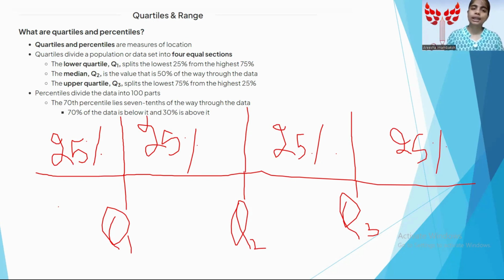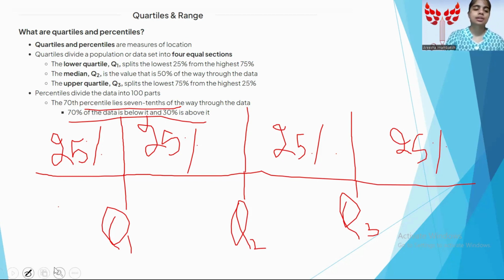That is your upper quartile, and it splits between 75 and 25. For quartile 1, 25% of values are below quartile 1, your lower quartile, and 75% are above. And if there is a percentile, say the 70th percentile, then 70% of the data is below it and 30% is above it, and that would be 70 upon 100.